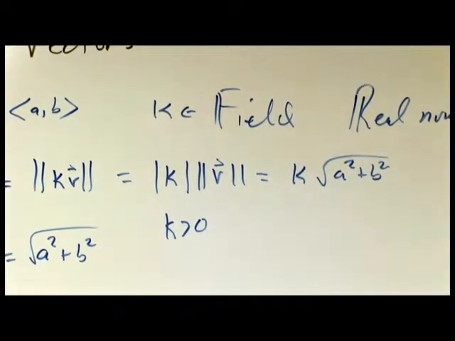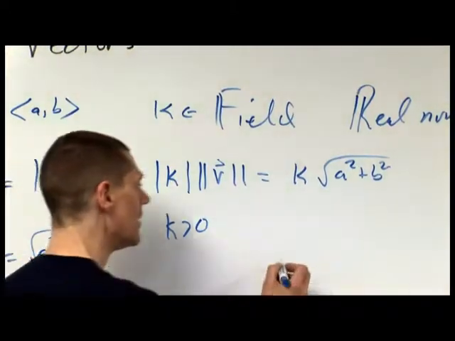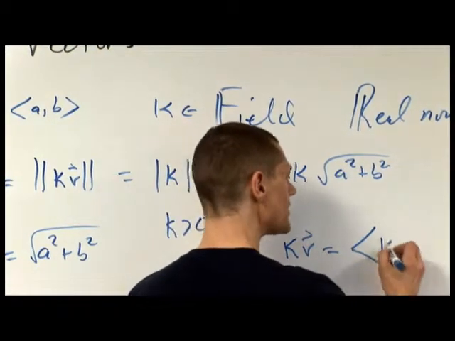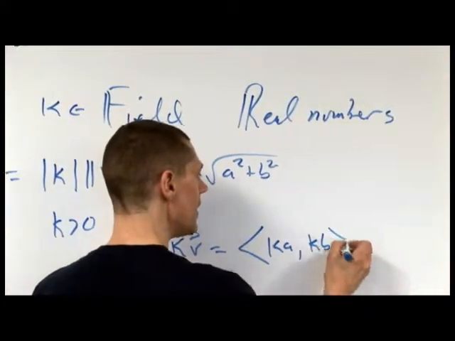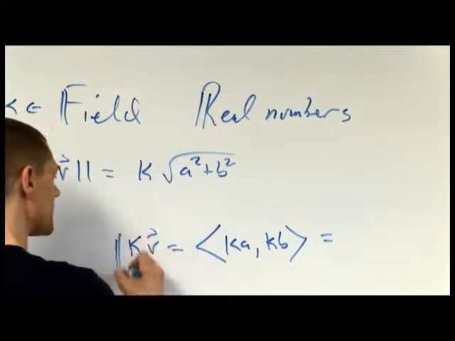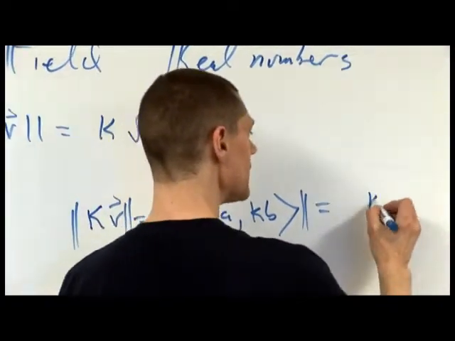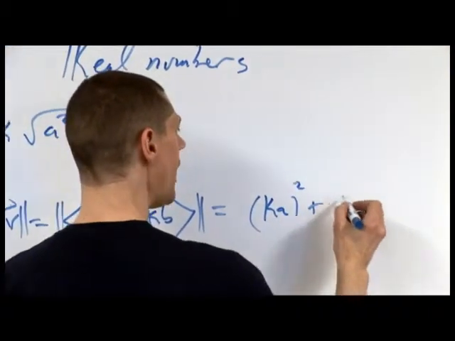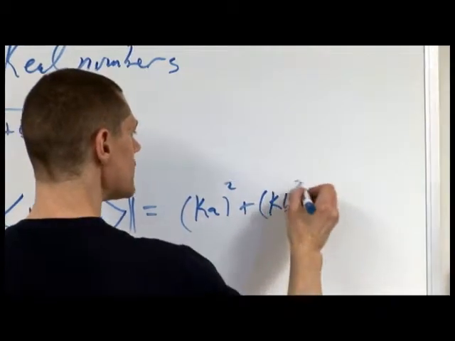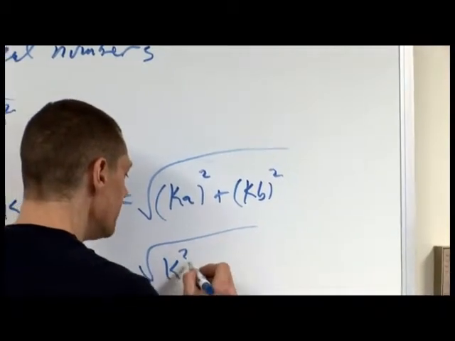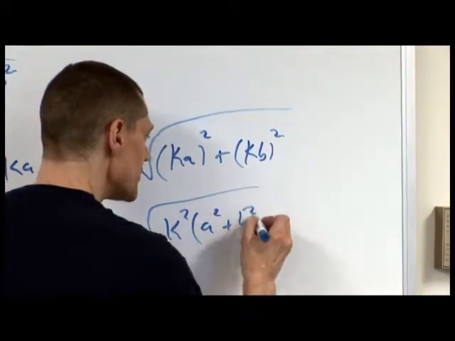And the reason is that k times v is really the same as (ka, kb). The norm of this is the square root of ka squared plus kb squared. This is the square root of k squared times (a squared plus b squared).